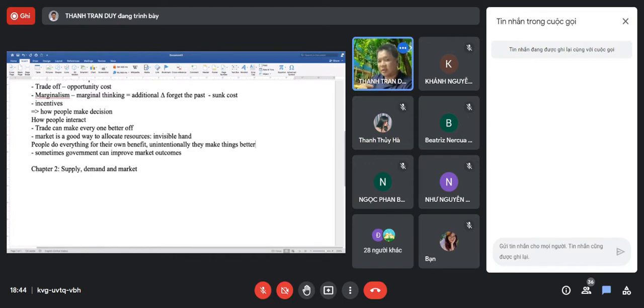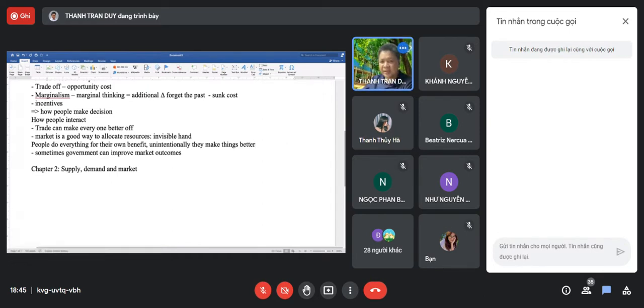When you sell something, you want to bring benefit to you. You want to sell, I want to buy, and we get together. We do not really want to help other people, but because we interact with each other, everybody is happy. So the invisible hand looks like there is a hand moving resources to the best place, but we do not see that hand.